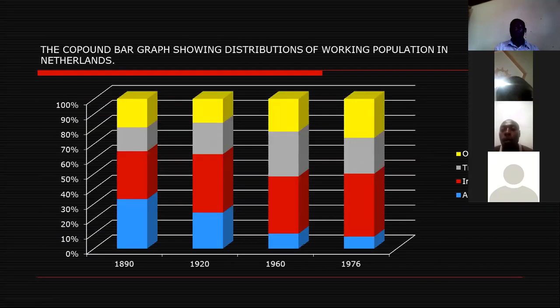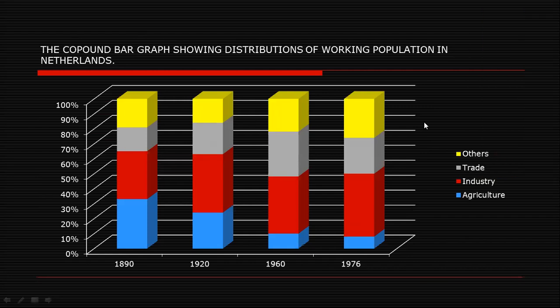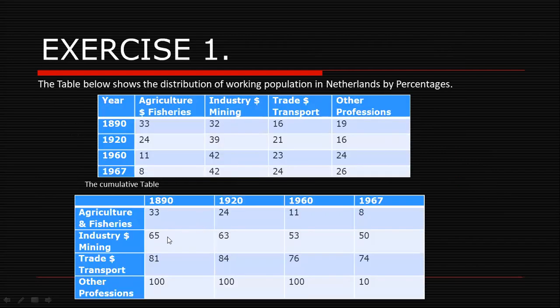Okay, thank you. So that is basically how we look at this. We had started by plotting the first segment, so we want now to plot the second one. Remember, we did the first, and I told you that we get 33 plus 32 to get 65. So the second segment would be 65, 63, 53, and 50.